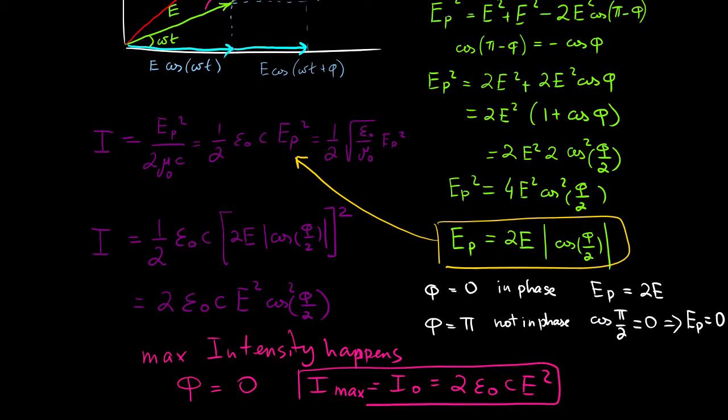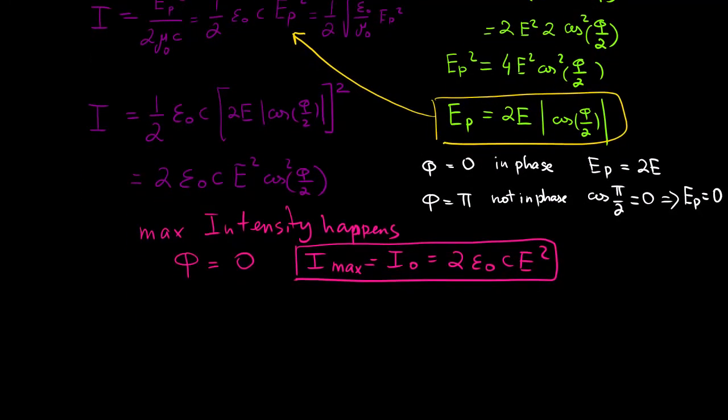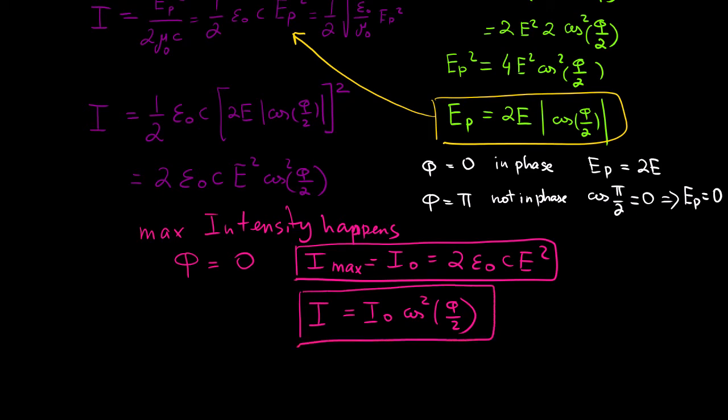So this would be maximum intensity. For intensity in general, I can rewrite the expression as I equals I naught cosine squared of phi over 2. As we can see here, intensity depends on phi, and it varies between 0 and maximum intensity.